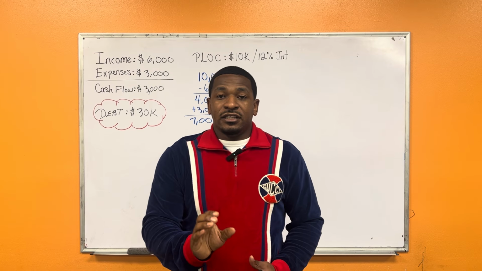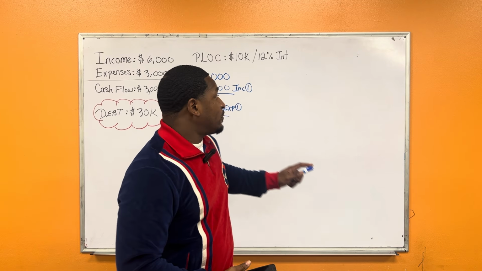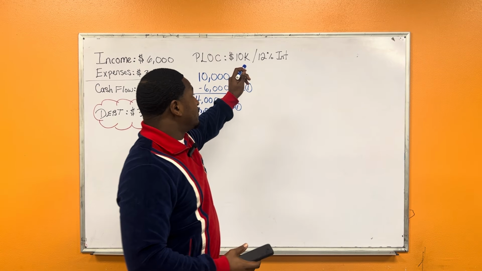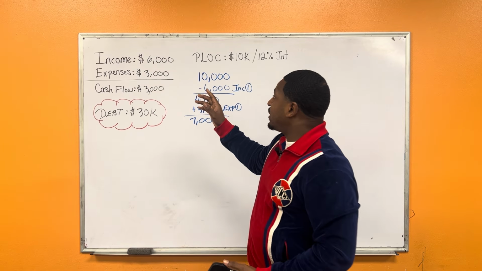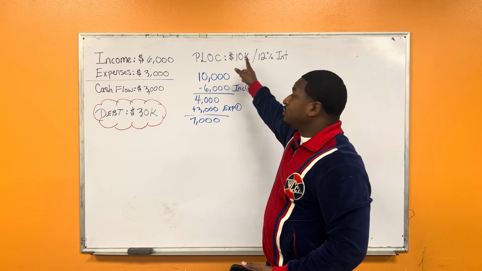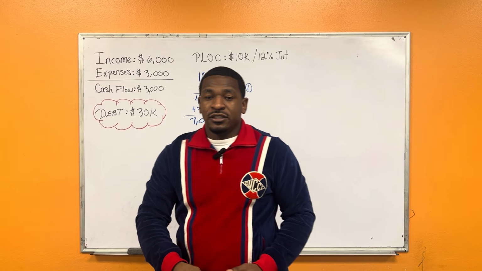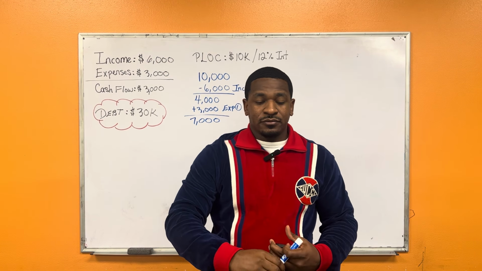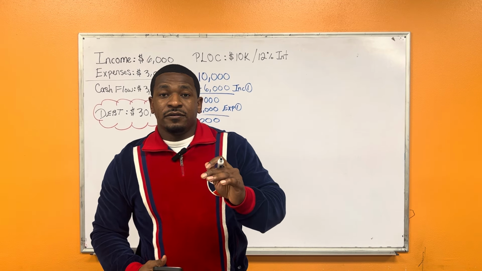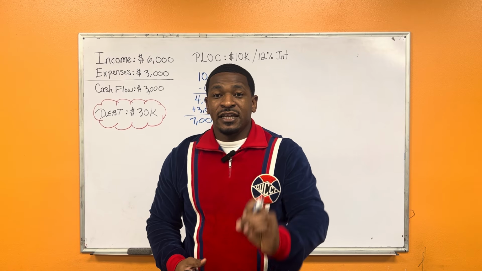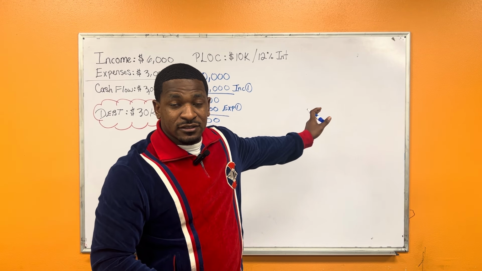The first thing we have to do is find out the average of our PLOC. In this case, we have a PLOC of $10,000 with a 12% interest. So in this example, we find out the average daily balance of this PLOC.